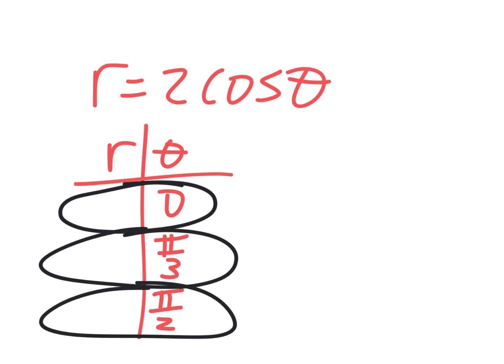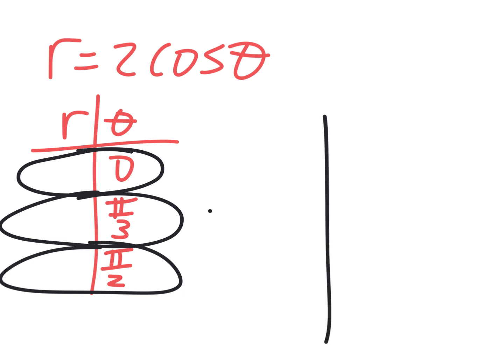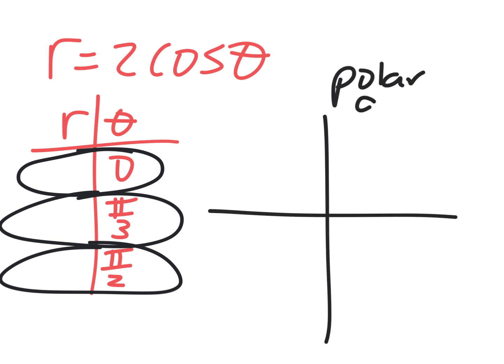And then once you've found those points, graph them in polar. You'll have the r's, you'll have the thetas. To me, that's probably the hardest question, because you've got to do a whole bunch of little points correctly to get your graph.